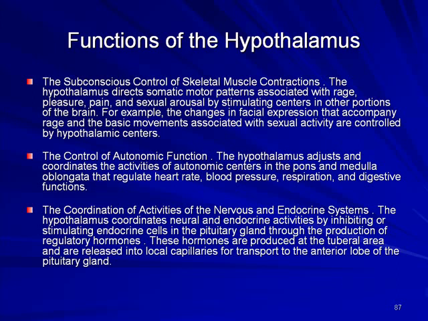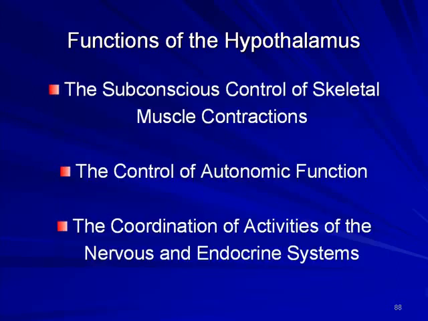Coordination of activities of the nervous system and endocrine system. The hypothalamus coordinates neural and endocrine activities by the production of regulatory hormones. These hormones are produced in the tubercle area, and they are released into local capillaries and transported to the anterior lobe of the pituitary gland.